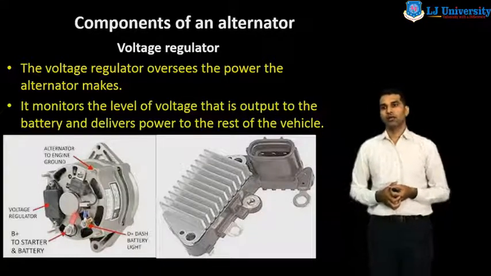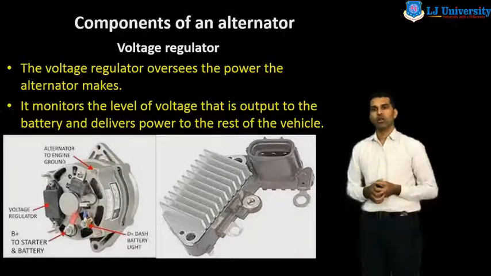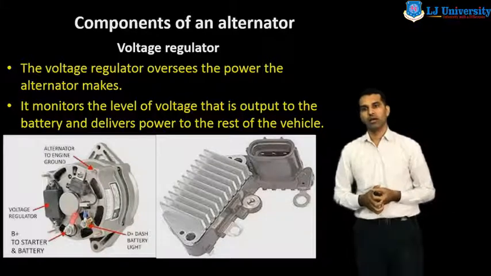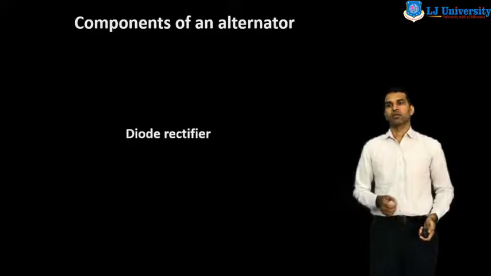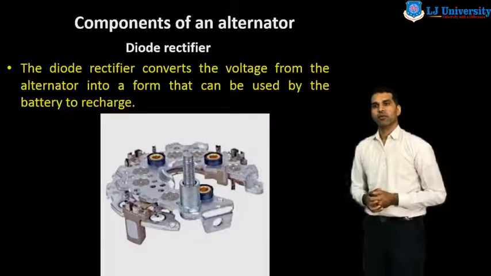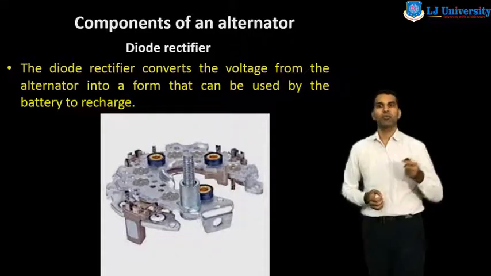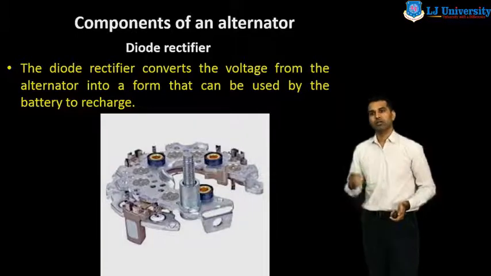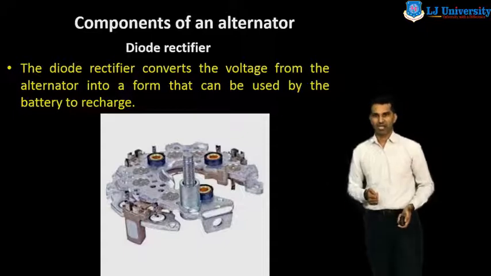It monitors the level of voltage that is output to the battery and delivers power to the rest of the vehicle. Now the third one is the diode rectifier. The rectifier converts the voltage from the alternator into a form that can be used by the battery to recharge. So this is the function of the diode rectifier.